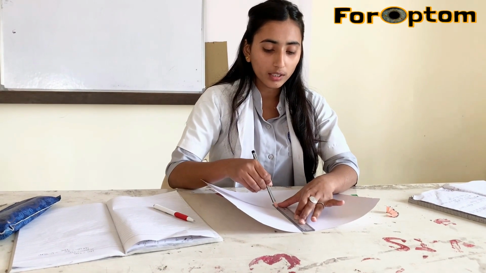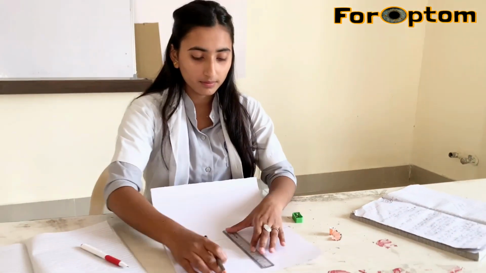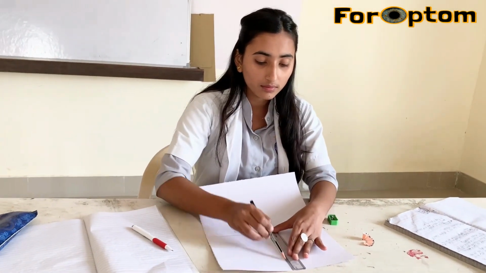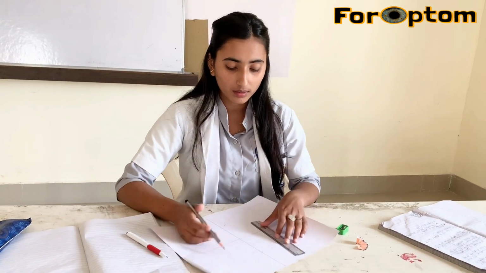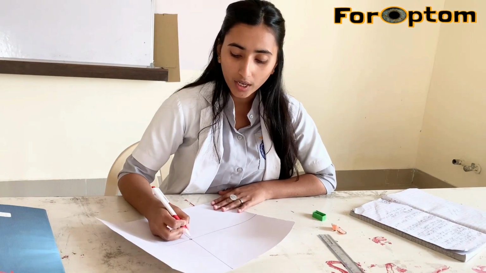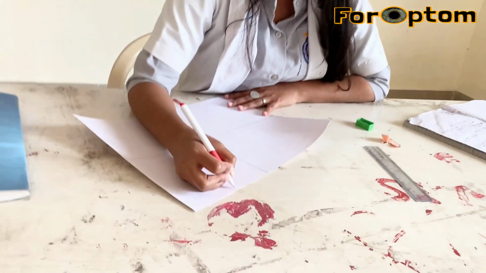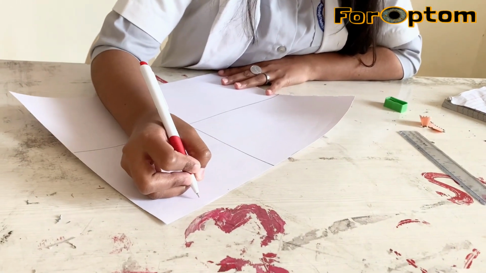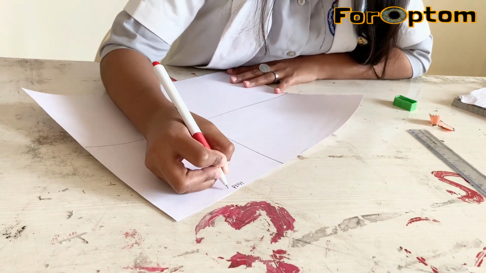Now I will construct it in the same way. Now I am going to draw one horizontal and one vertical line. As I have drawn the horizontal and vertical line, now I will write here that I am making it for a right eye, so I will write: hold Maddox rod at right eye.